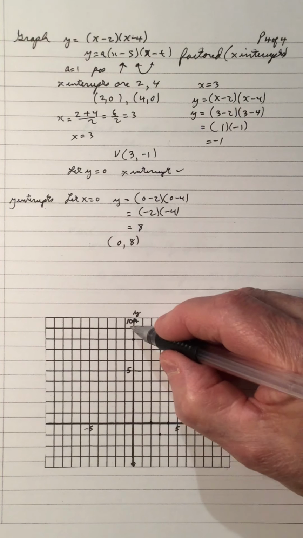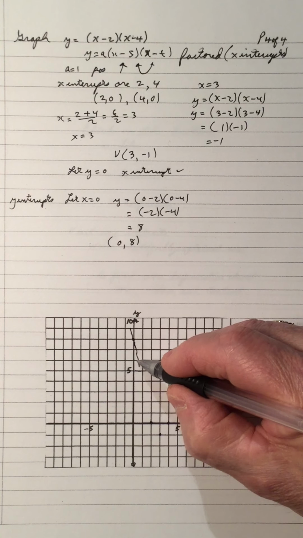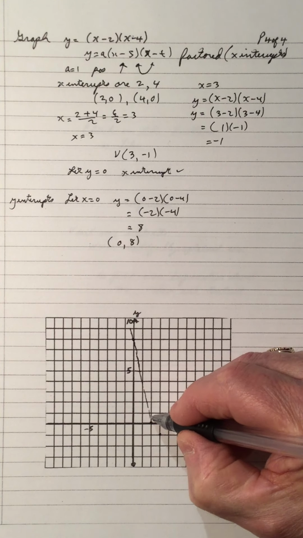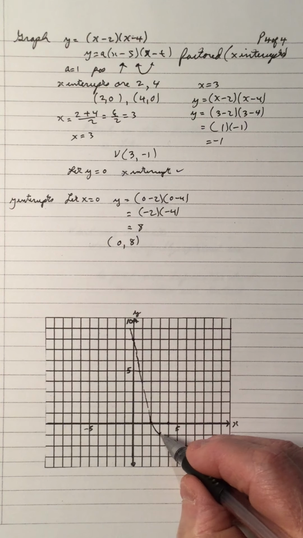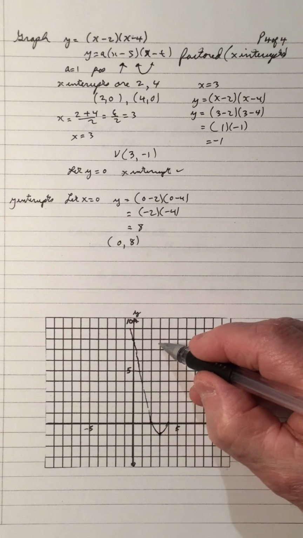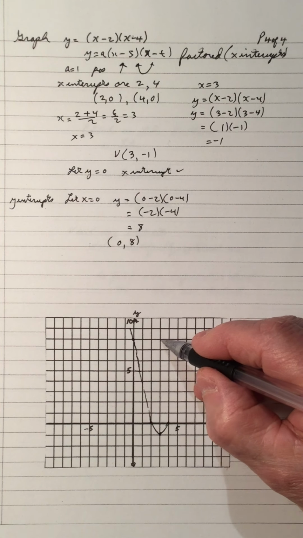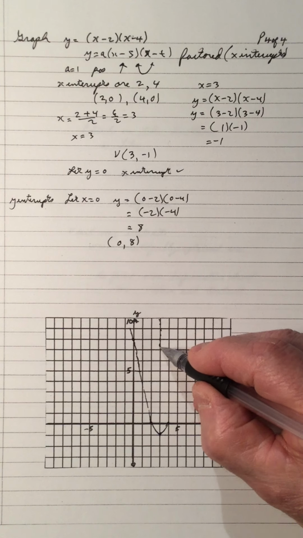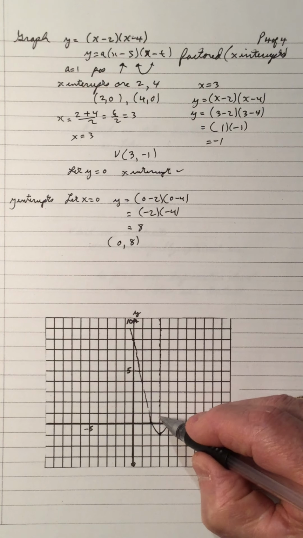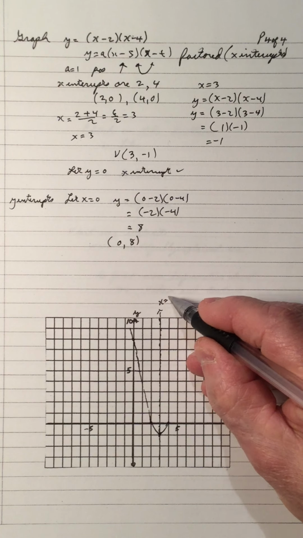So we have a parabola, and there she comes, that makes a bend. And this is 3 units to the left. Let's go 3 units to the right, because this is the axis of symmetry down through here. And that axis of symmetry is x = 3.